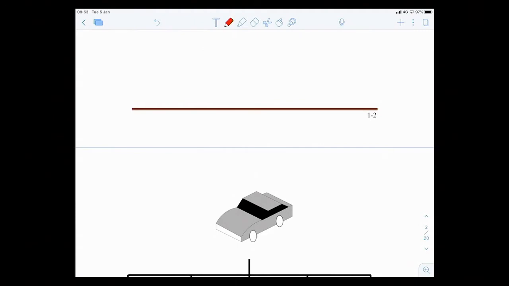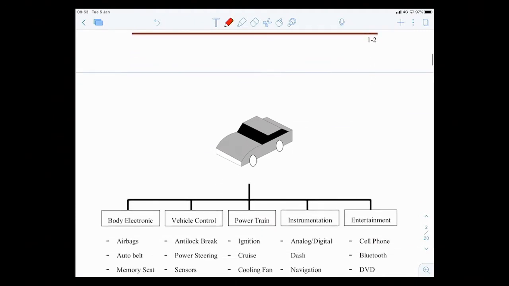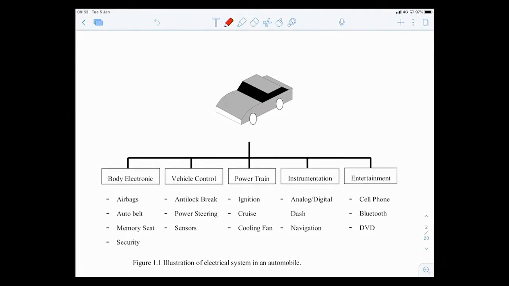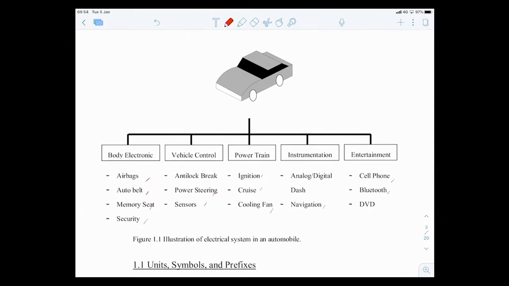If you simply look at your car nowadays, beside the electric power car, the inside of the car, you can say airbags, your belt, your memory seat, your security, the control system, sensors, parking sensors, power steering, ignition, cruise, cooling fans, the navigation or the entertainment that you have now, cell phone, Bluetooth, DVD, all involve us, the electrical engineering students and engineers.